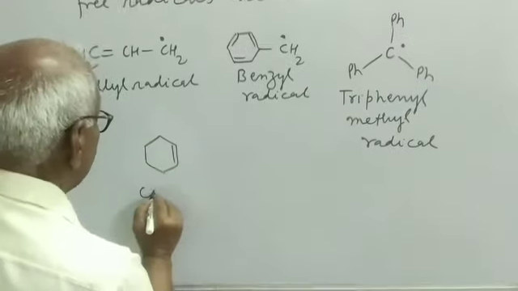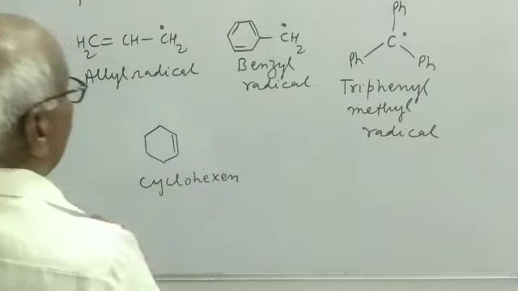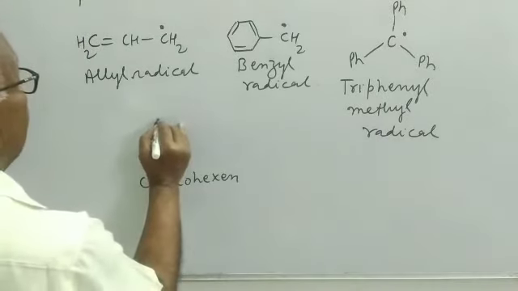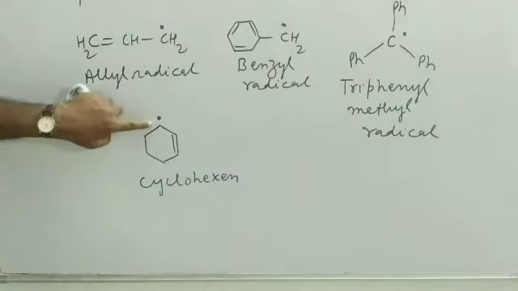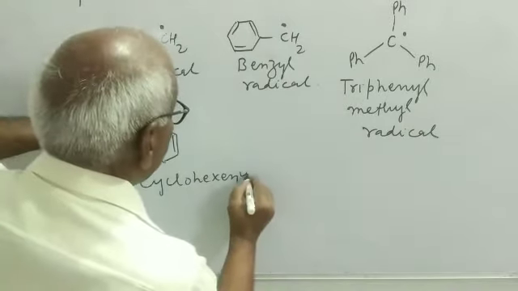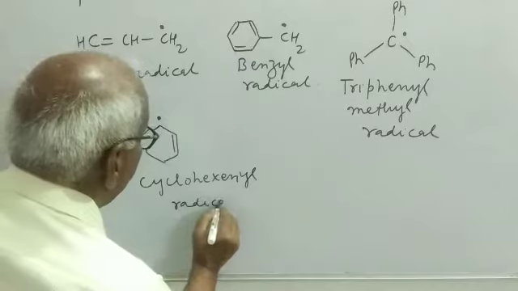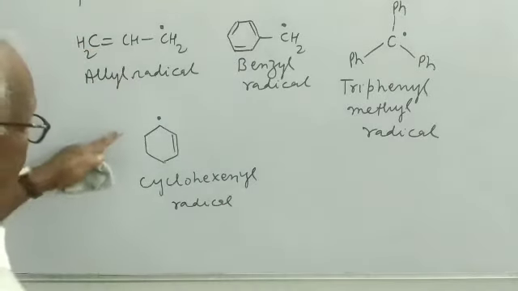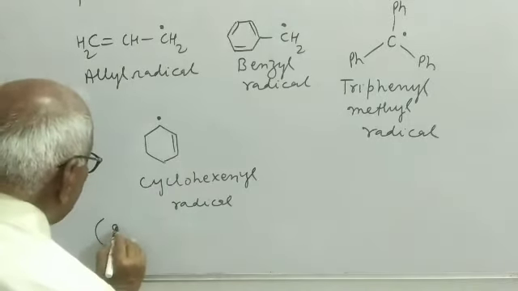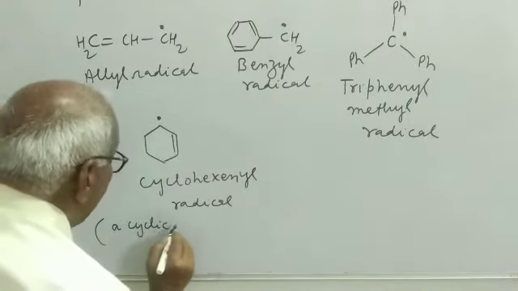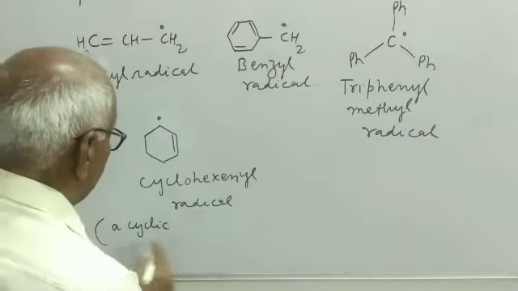This is cyclohexene, and if the radical is there on this carbon, so this is the allylic position, so cyclohexenyl radical. It is a form of cyclic allylic radical.